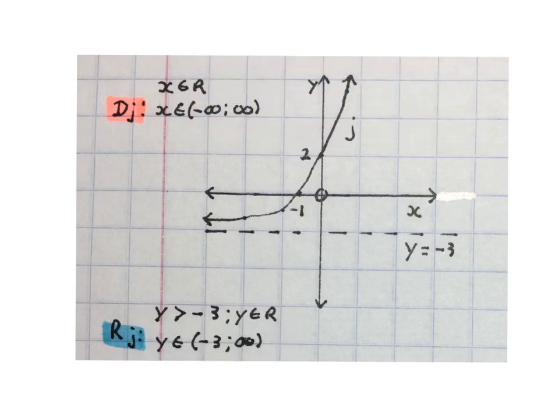So our range will be y is bigger than minus 3, y is an element of real numbers, or you can write it differently, y is an element from minus 3 to infinity, excluding minus 3. Please stop the video and make sure you understand the domain and range of this exponential graph.